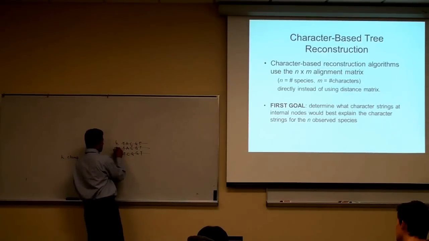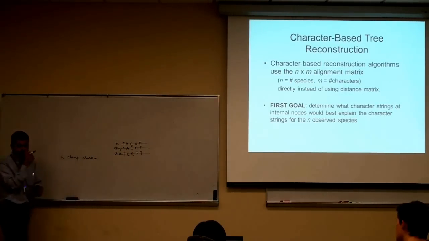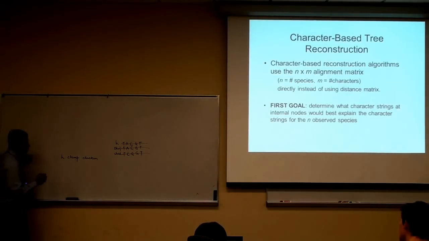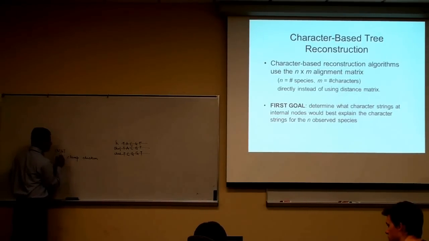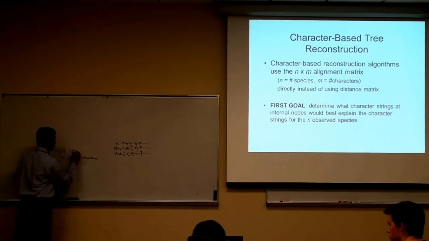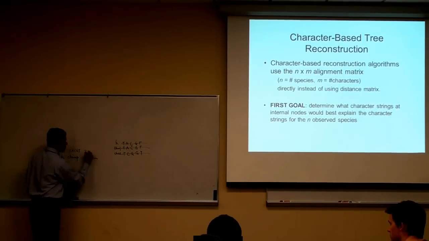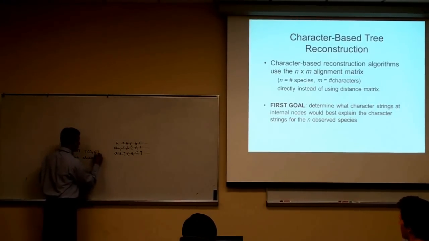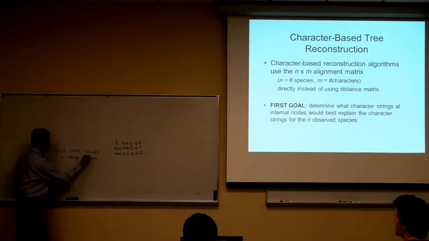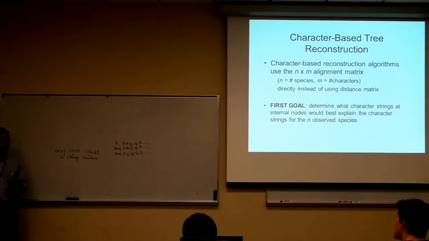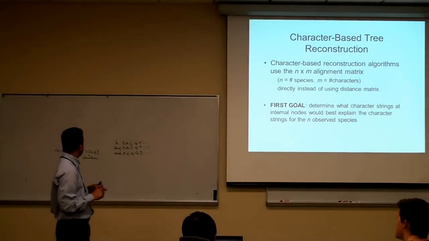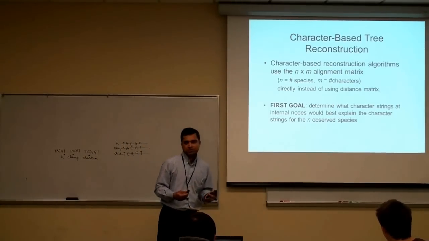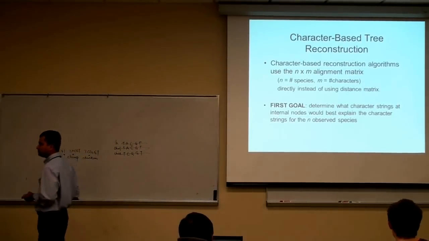This is human, this is chimp, and this is chicken. So what you do is write down those sequences. Add the leaves. This is how you start. This is how you write down the input itself.